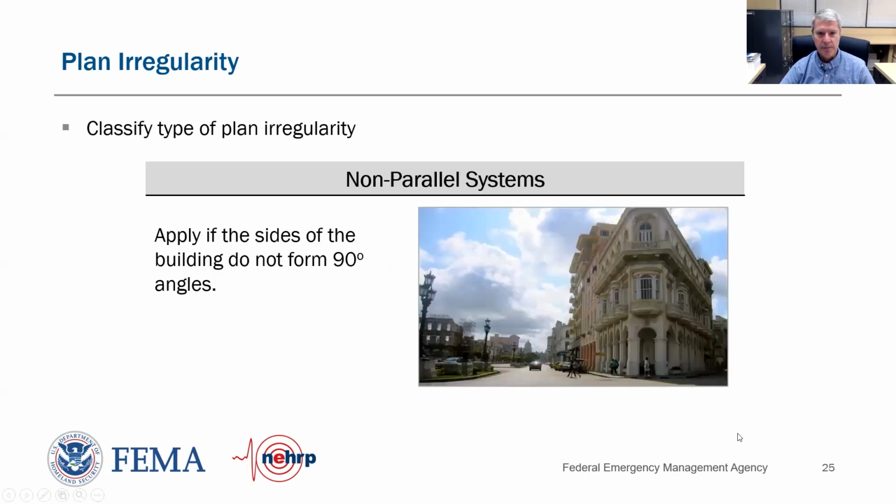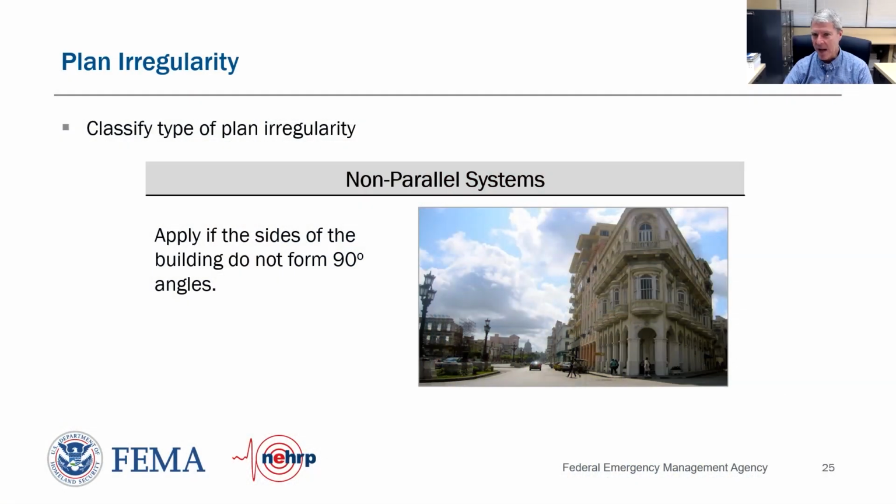Again, that's torsion. We can also have buildings, here showing a photograph of a building that has non-parallel sides. It's not a rectangle or a box. It actually looks like a triangle with a very small footprint in the nose of the triangle, if you will. We call these non-parallel systems. And so it might have been perfectly designed for earthquakes in this condition where it's not a rectangle or a box, but we don't know.